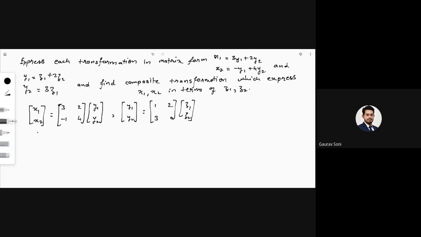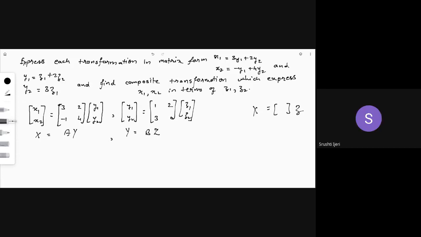So in the first one, x is equal to A into y. The second one is y is equal to B into z. What is required? x1, x2 in terms of z1, z2, which means I need x is equal to some matrix into z. So what can we do?